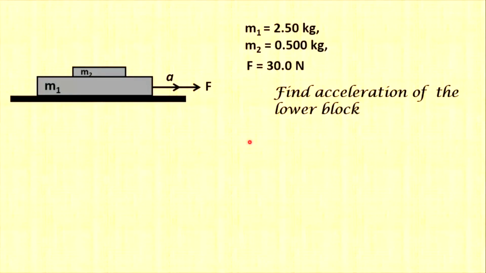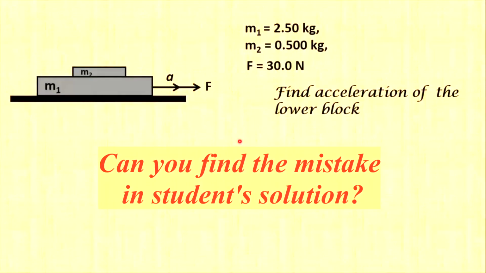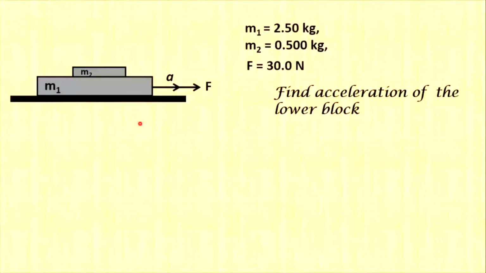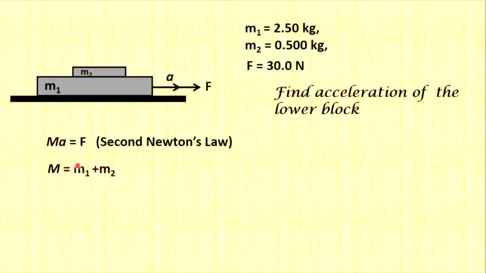One of my students suggested the following solution. He considered these two blocks as a system, and because there is a force on this system, he used Newton's second law in this form, where capital M is the sum of the masses of these two blocks.